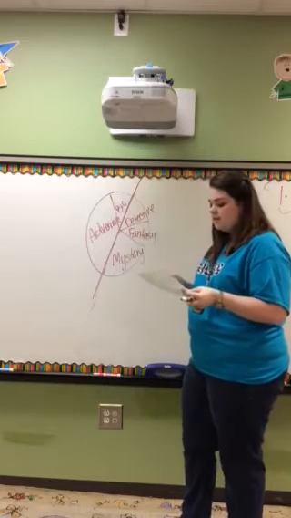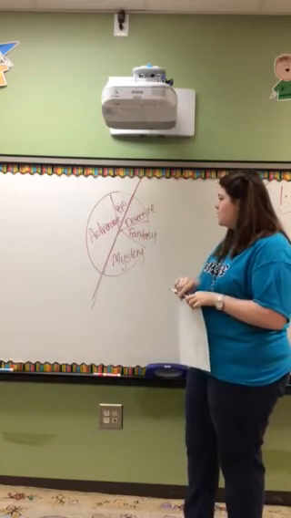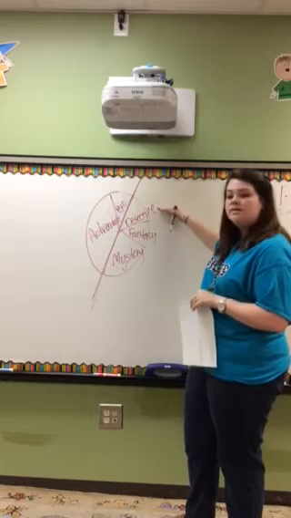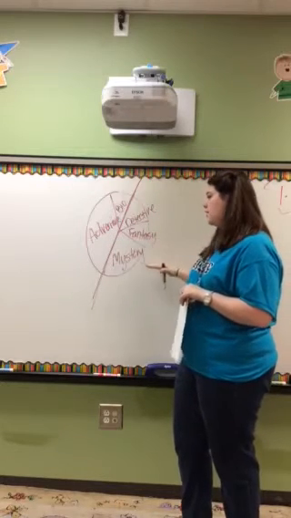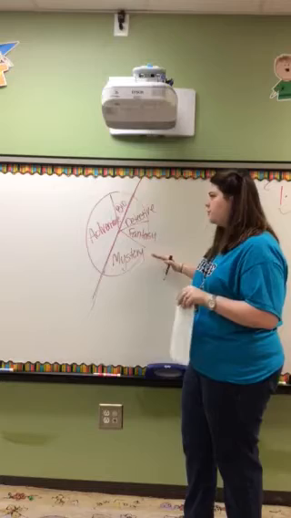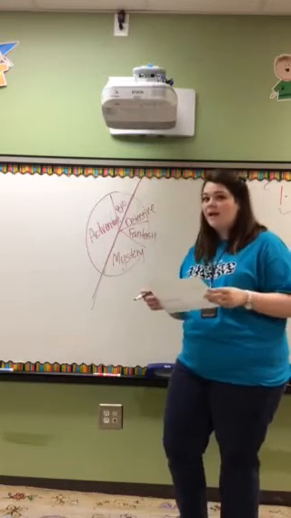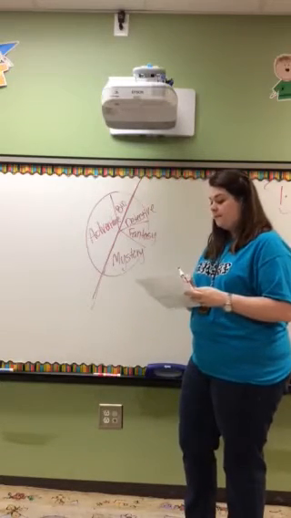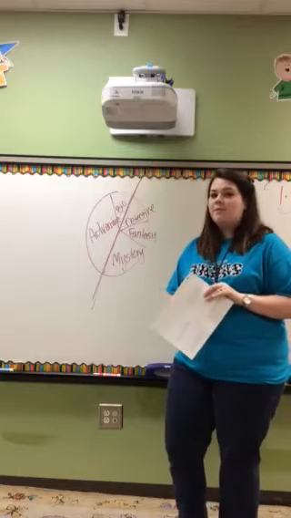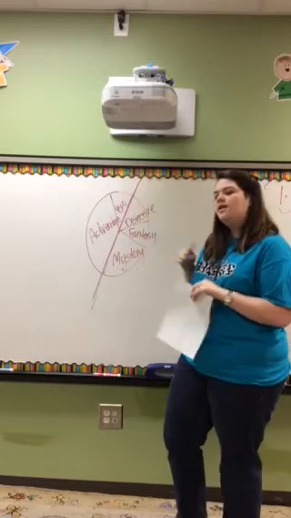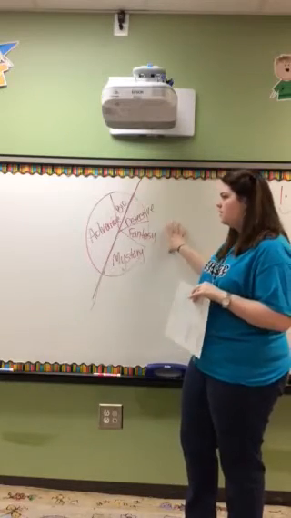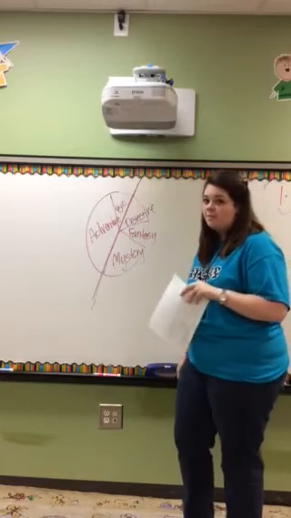And now I can say they want 3 types of books to make up half. So that would be detective, fantasy, and mystery. Those are the 3 books that would make up about half of the graph. If you got that one right, give yourself a pat on the back. And if not, just rewind the video a little bit and rewatch how I just solved this problem on the board.